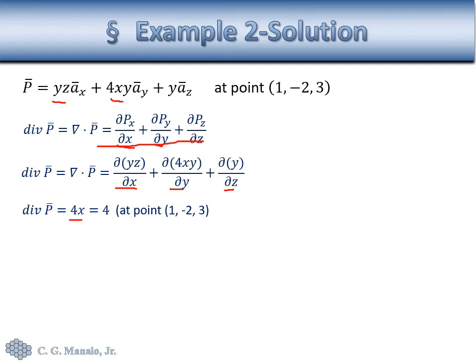Substituting the value of x, that will give us a value of 4. So the divergence of the vector field at this point is equal to 4. It is positive 4, so this is a positive divergence. And take note that the divergence of a vector field always yields a scalar quantity.